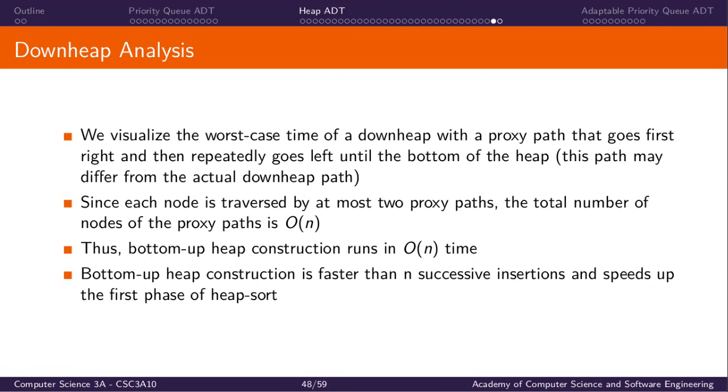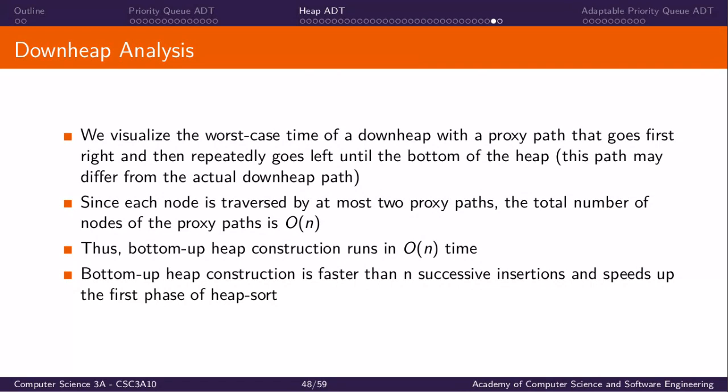All right. So each of these nodes is traversed by at most 2 proxy paths. This is quite a simplification, or rather a shorter explanation of what's in the text. You can take a look at that. That shows that with this bottom-up heap construction, we will at worst have to traverse each node, so we'll be passing each node, I believe, twice as we're looking at those paths.